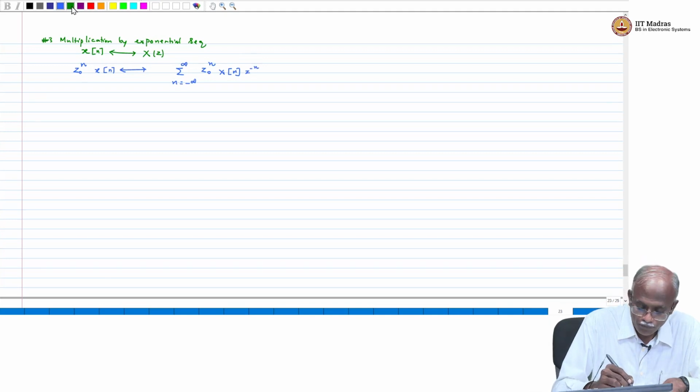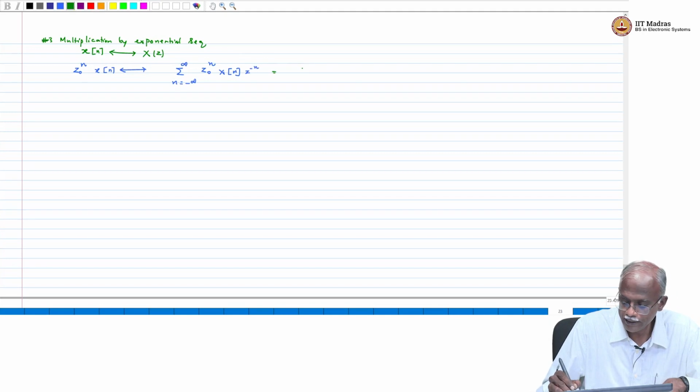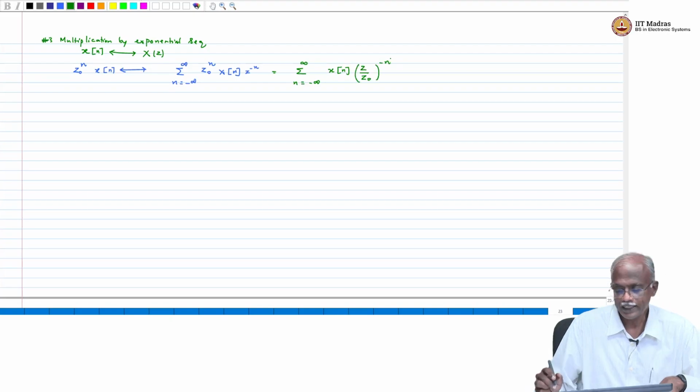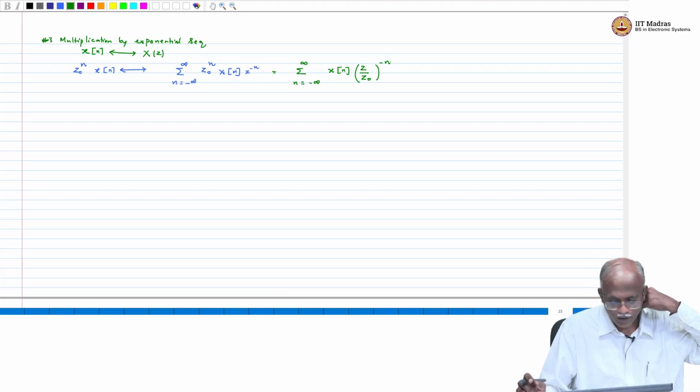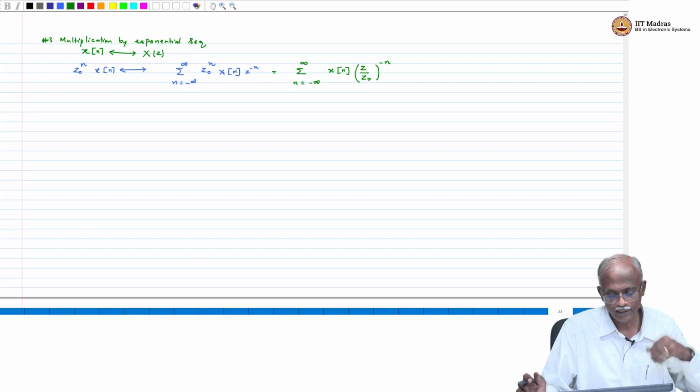Now I am going to write it in a form which should be very interesting, so pay close attention to it. Summation n equal to minus infinity to infinity x of n, z by z0 raised to the power minus n.